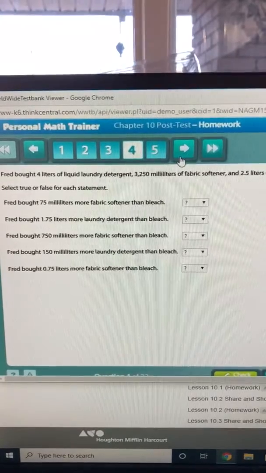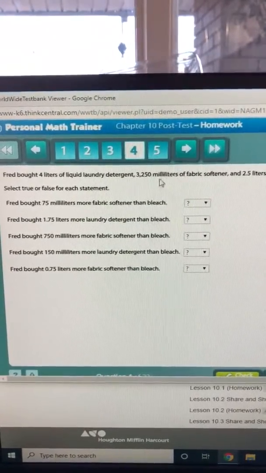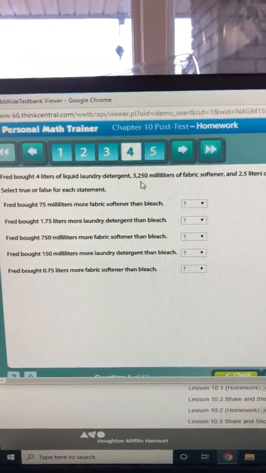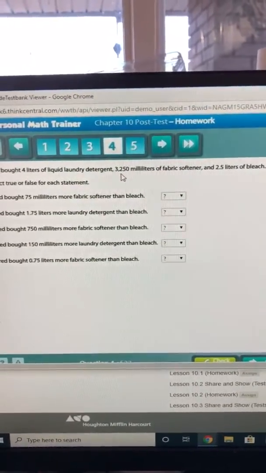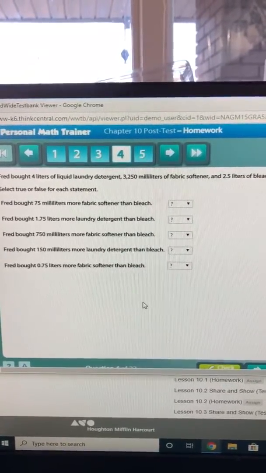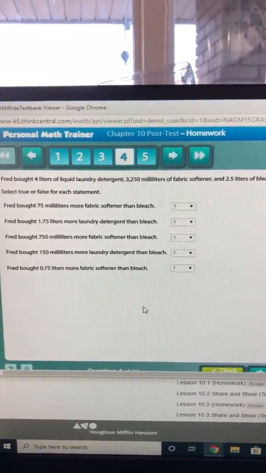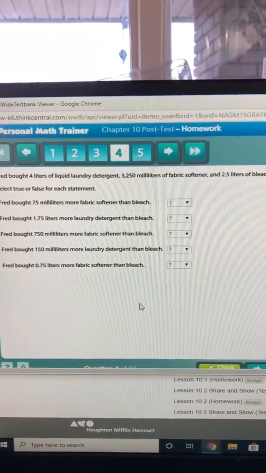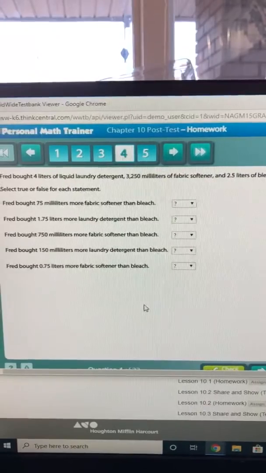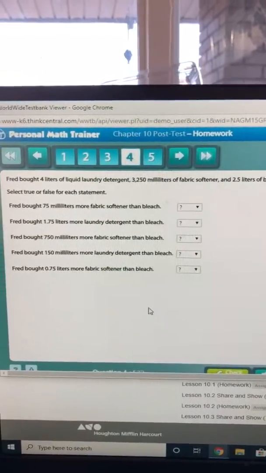Fred bought 4 liters of liquid laundry detergent, 3,250 milliliters of fabric softener, and 2.5 liters of bleach. Okay, again, you're going to have to convert back and forth. Do you remember the little cheat sheet we made that uses King Henry doesn't usually drink chocolate milk?